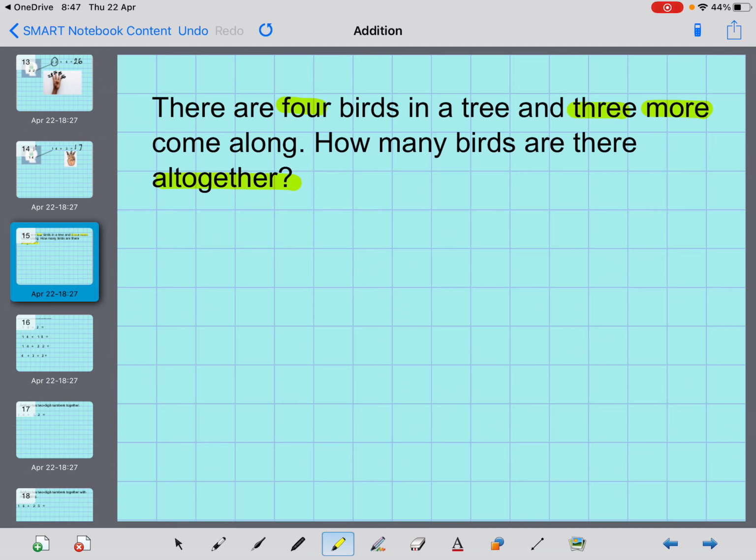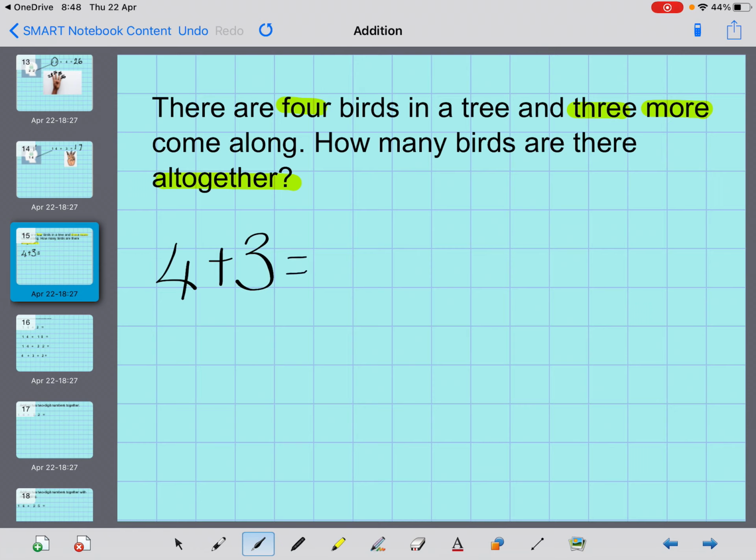I've highlighted the key vocabulary more and altogether, because that shows me that we are adding, because I know when we add that the number gets bigger.